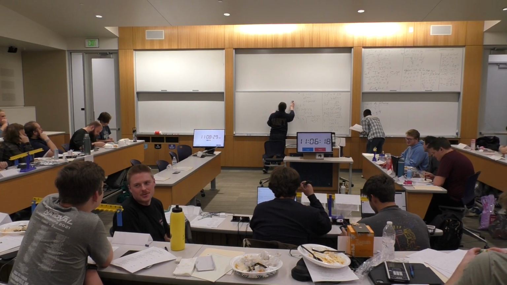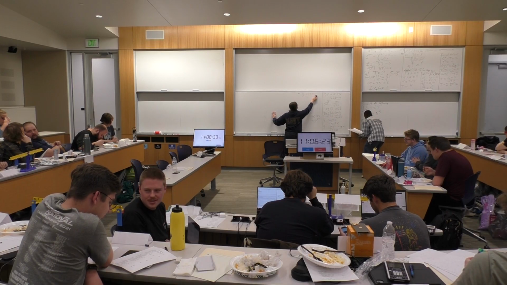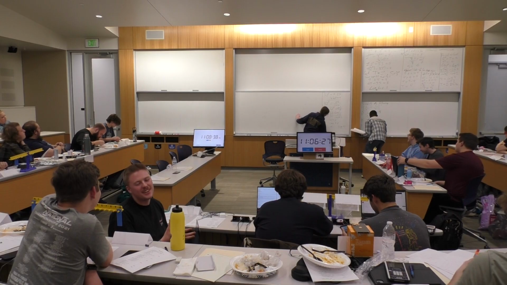Then 5 to the power 2x minus 4 minus 1 equals 0.